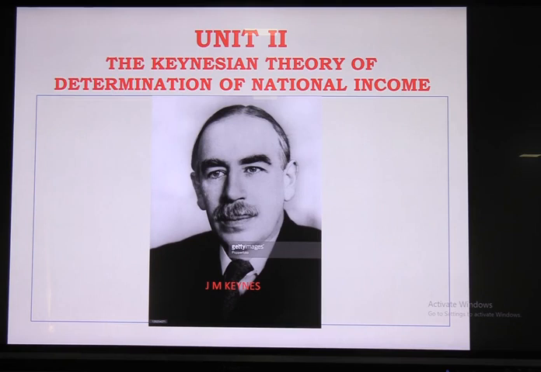Classical economists said that only in the long run can we equate aggregate demand with aggregate supply. That means economic growth is not a short-run phenomenon. This was the argument introduced by the classical economists.